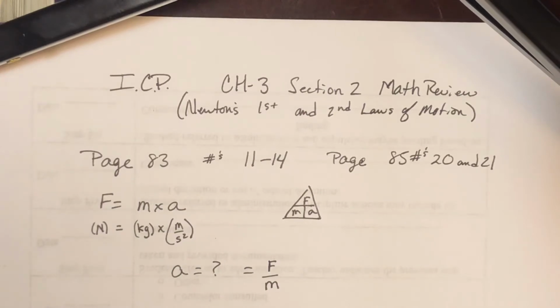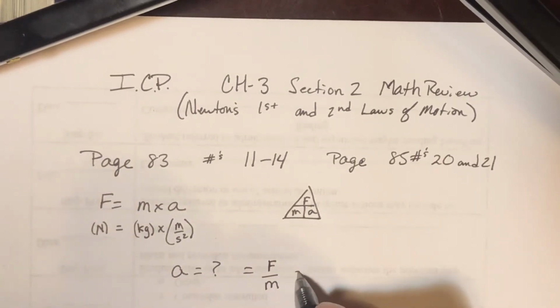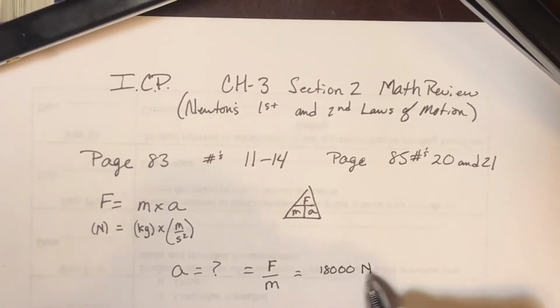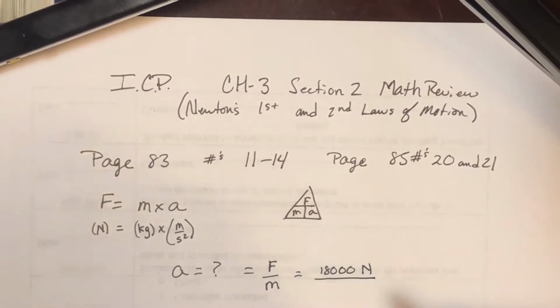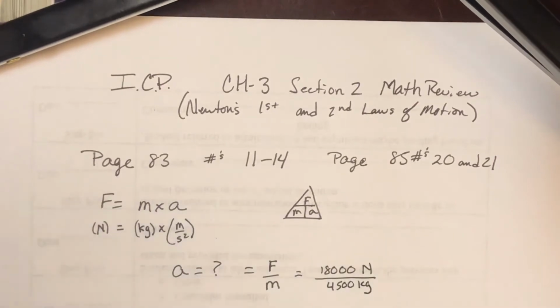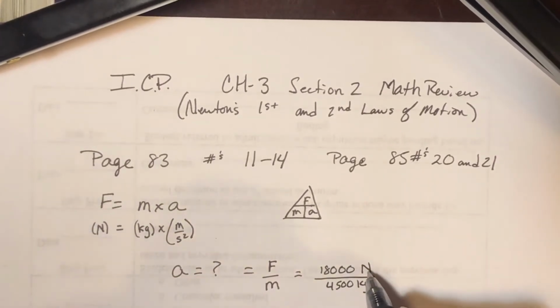We go back, we read it again, and the force is 18,000 newtons upward. And so putting that in, 18,000 newtons going up divided by the mass, which is 4,500 kilograms. Well, how's that going to turn into meters per second squared? Remember, what is a newton?